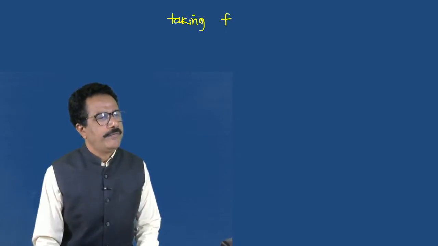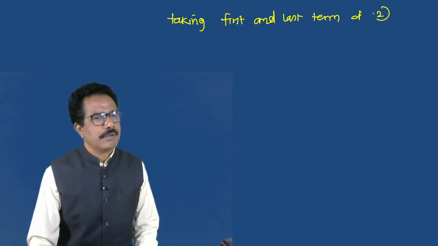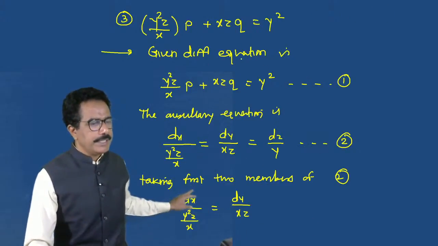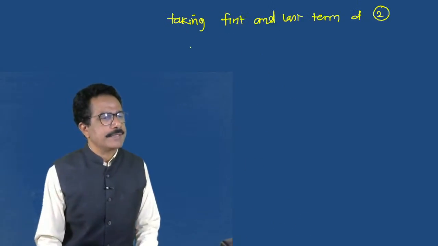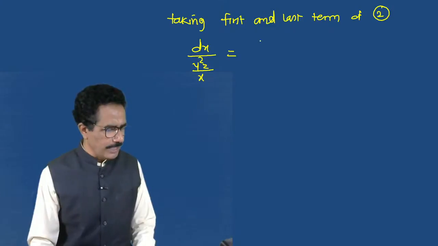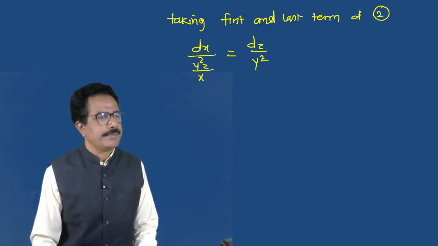Taking first and last term of 2. So what is that? First dx divided by y square upon x is equal to the last term, dz upon y square.